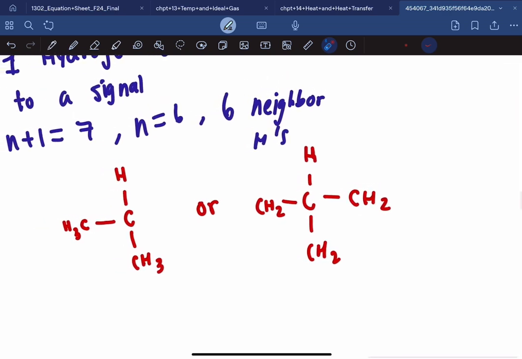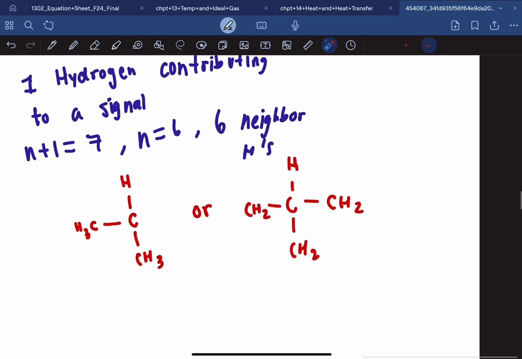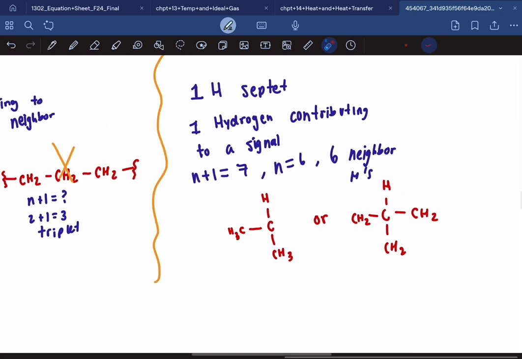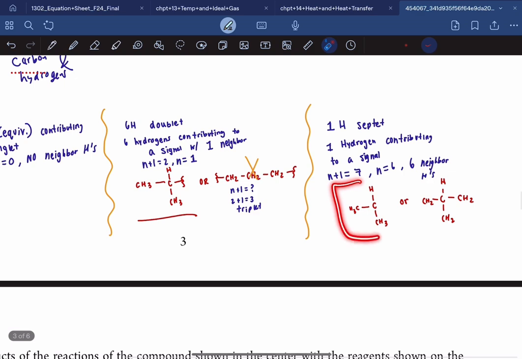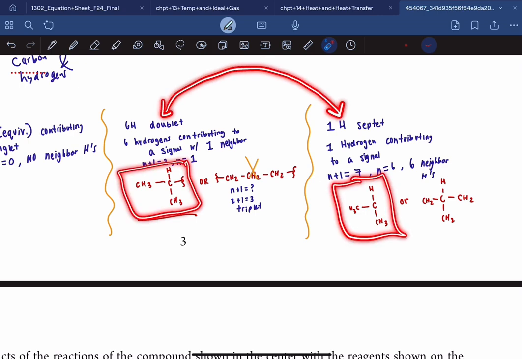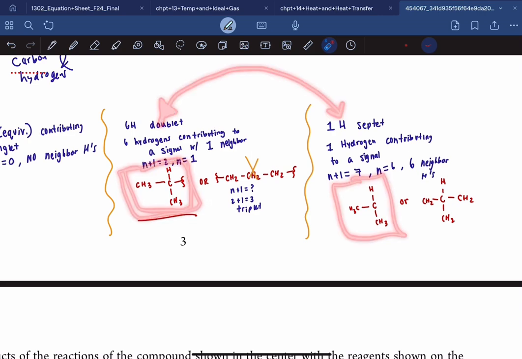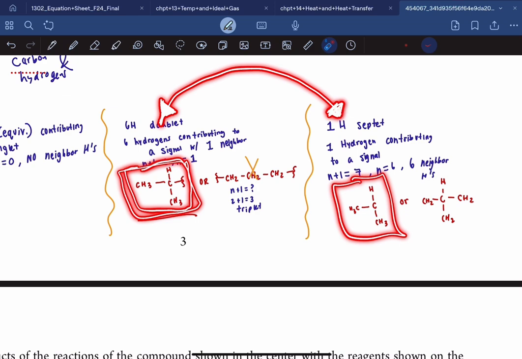The only reason I would say you can distinguish between these two is to look back at your other piece. If we look at this and compare it to this, what do you notice about these two? They're the same. This is what you call confirming signals, or reinforcing signals. This one on the left shows you something like this, and then you use another signal, a confirming or reassuring signal, the 1H septet.